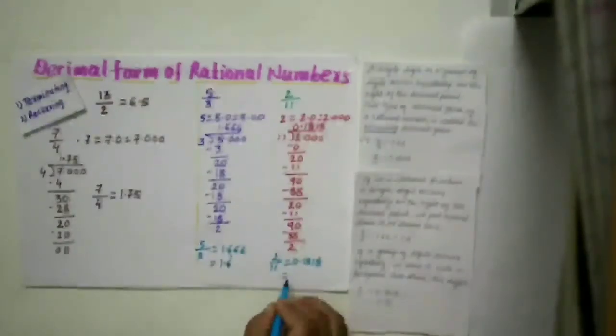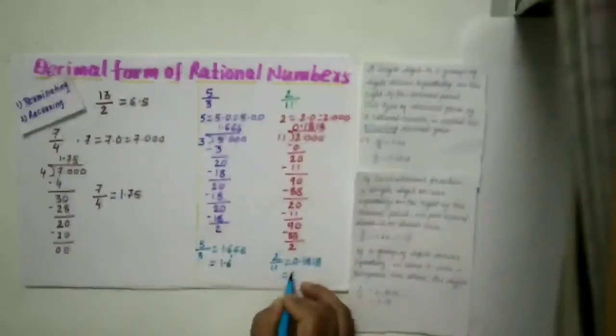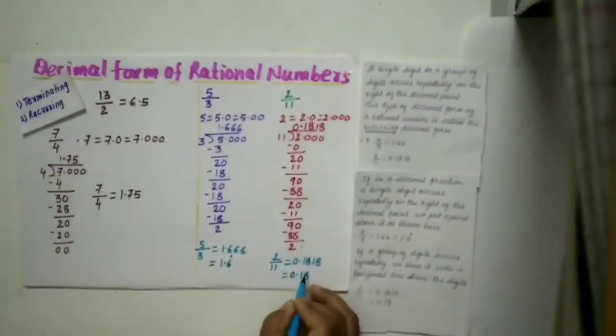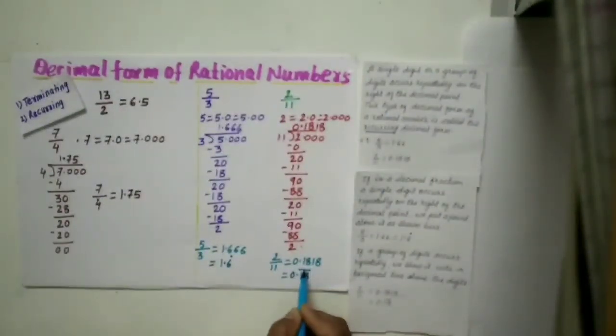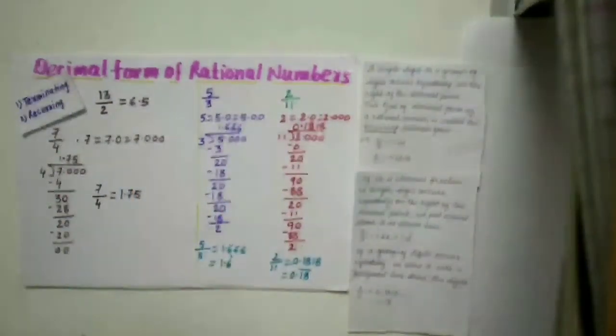So it is written in this way, 0.18, and we show the repeated group of digits with a horizontal line above them. Put a horizontal line above the digits. In this way we write. So students, hope you understood the decimal form of rational numbers.